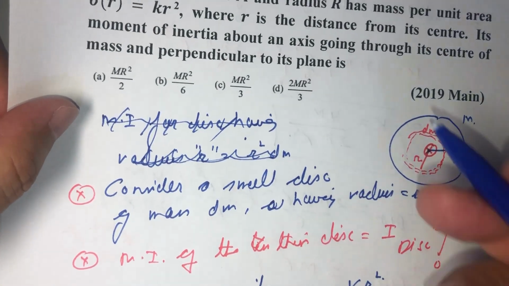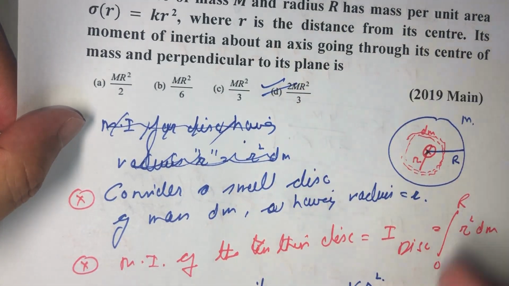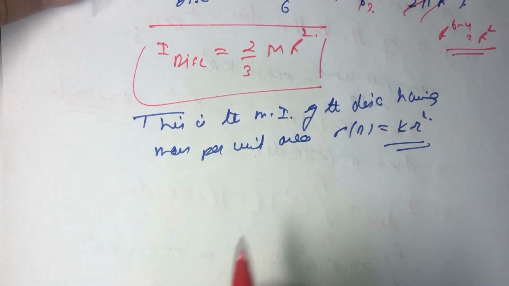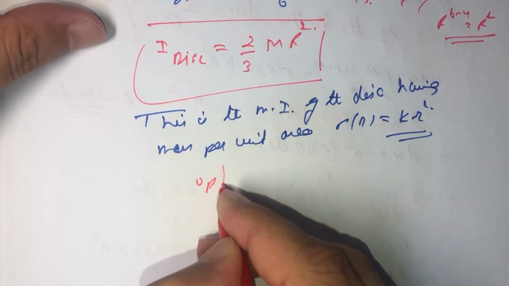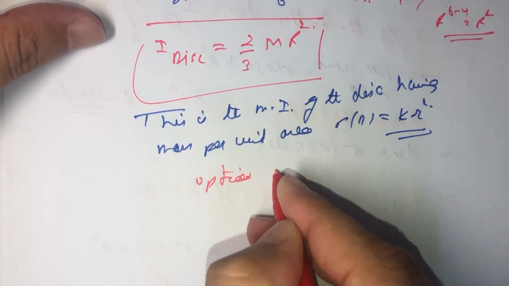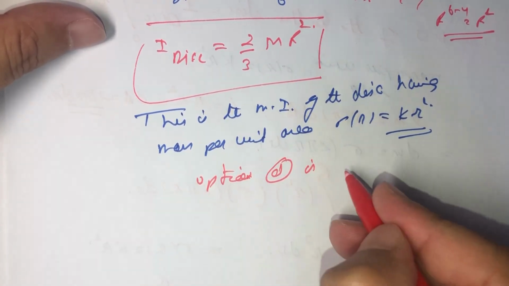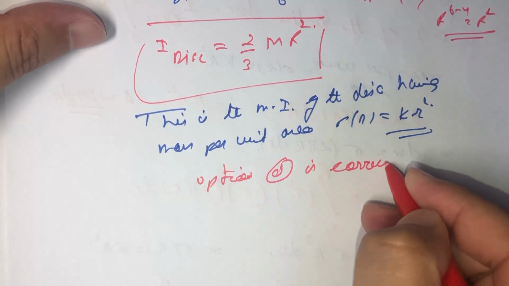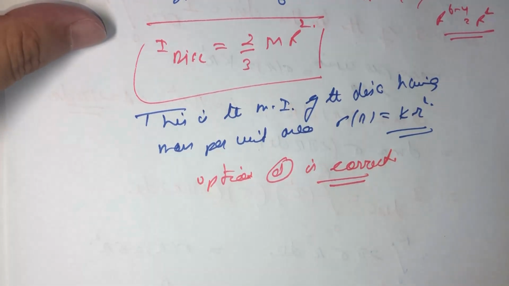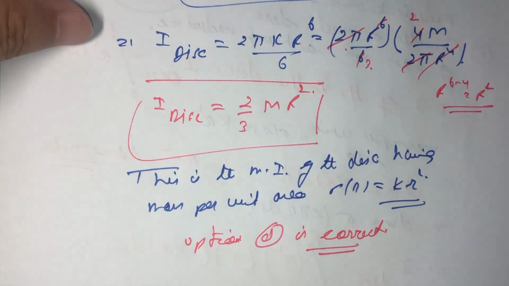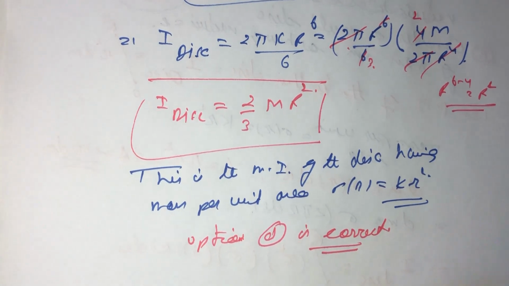It means option number D is the correct option. So we can say option D is the correct option. Okay, so this completes the question. Thank you.